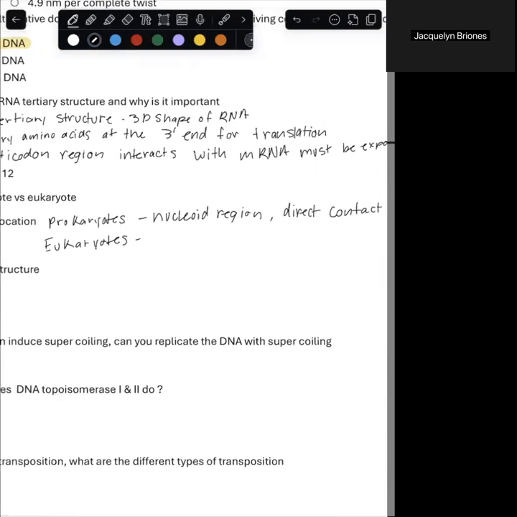Our DNA, eukaryotes' DNA, is located inside the nucleus.